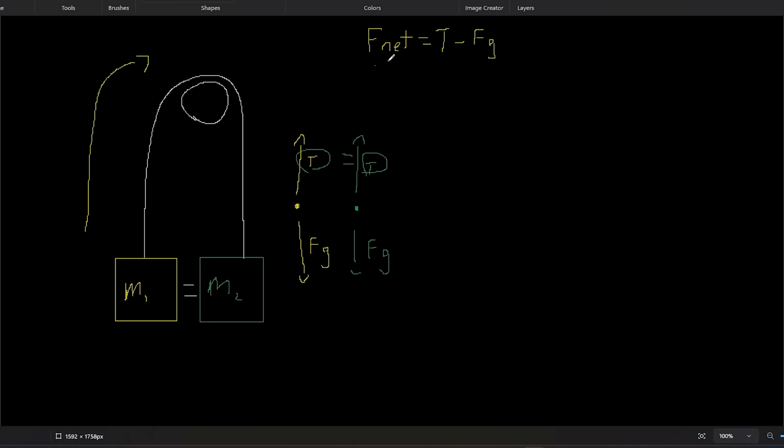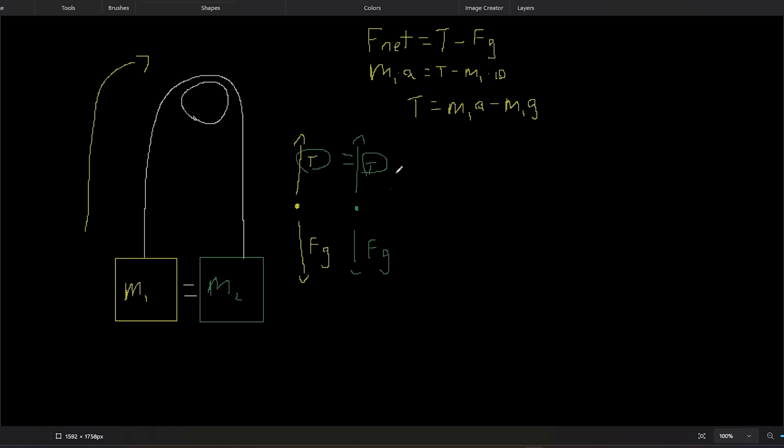And then these all can be substituted for mass 1 times acceleration equals T minus mass 1 times the acceleration of gravity. And then if we solve it for T, we could say that T equals M1A minus M1G.